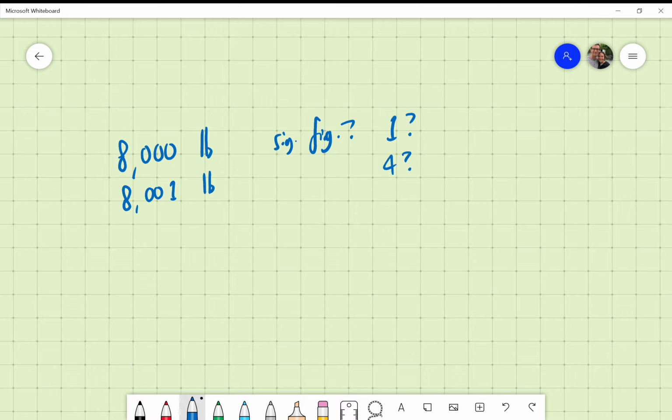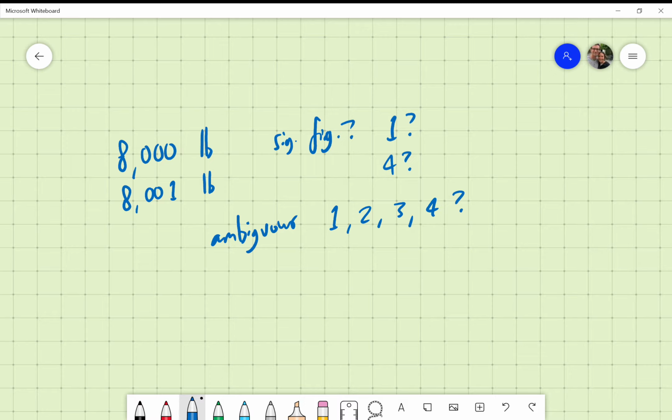And he said, yeah, the answer is that when you give a number like 8,000 pounds, or even 8,001 pounds, but more so like 8,000 pounds, it is actually ambiguous. You haven't really clearly said how many significant figures you mean. It could be only 1, but it could also be 2, 3, or 4, and you just really haven't said it clearly. Maybe you do actually mean exactly 8,000, like to 4 significant figures.